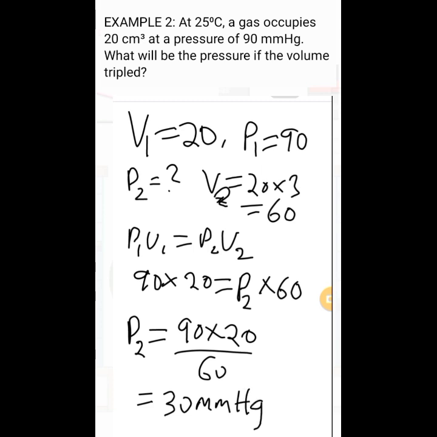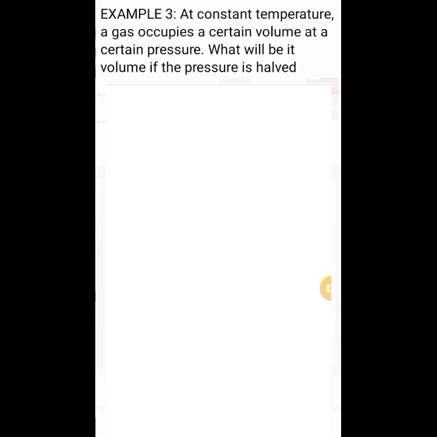Now from this question, you can see that the initial volume was 20, and the volume tripled from 20 to 60. You can see that our pressure decreased by a factor of 3, from 90 to 30.